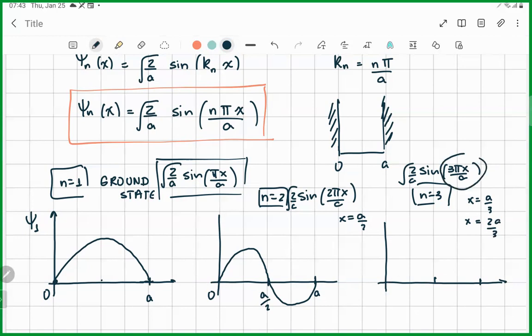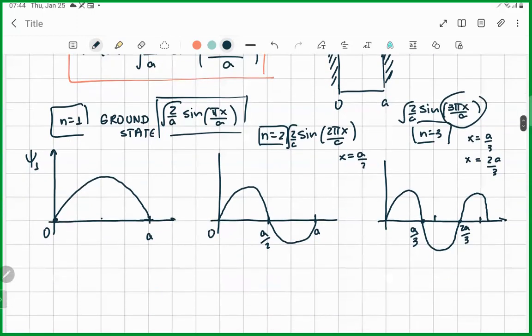So here is my A over 3, it becomes 0, then we go negative, and then here there is the 2A over 3, and then finally we go back. So this is a sketch, not the best one, but this is A over 3, and this is 2A over 3, where the wave function becomes 0. Okay, so this is the first discussion.